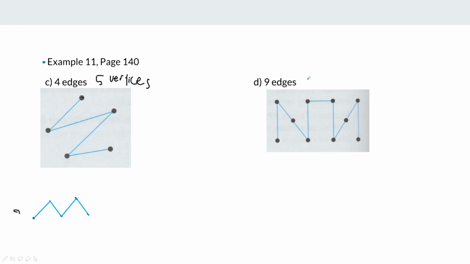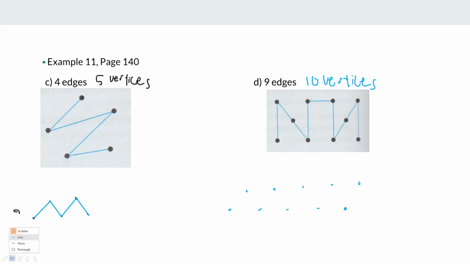Since it has 9 edges, we would know the number of vertices would be 10 vertices. Here's a great example of how to draw a tree with 9 edges. Now we try to create one on our own. I'm just gonna do the same thing again. 1, 2, 3, 4, 5, 6, 7, 8, 9, 10 vertices.